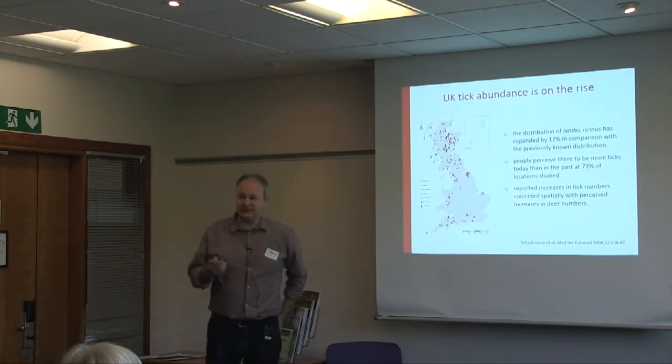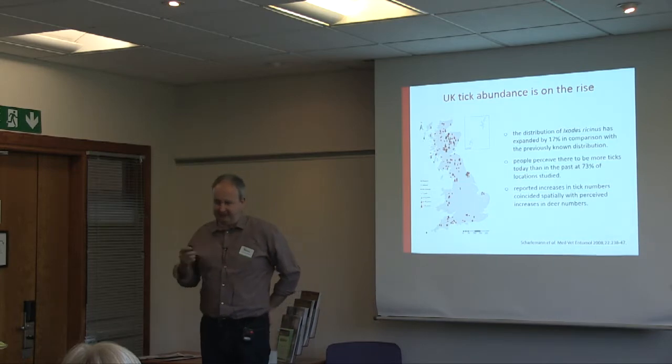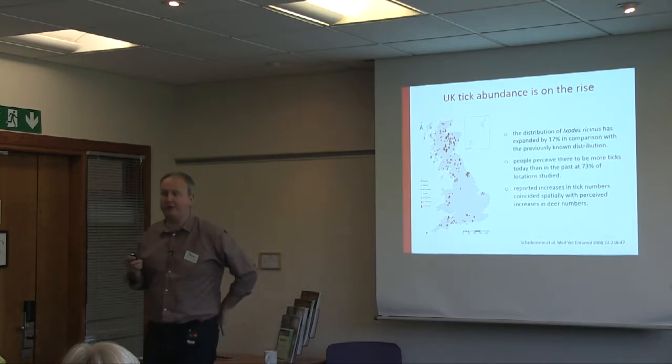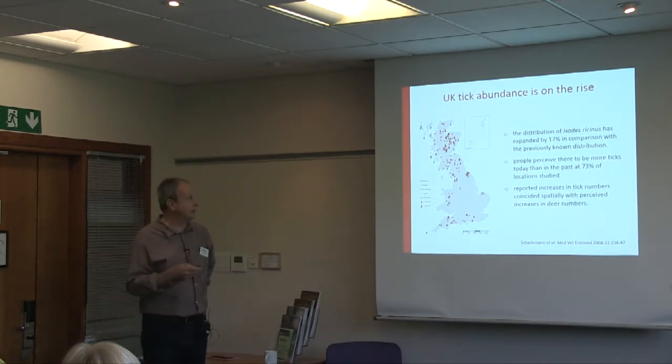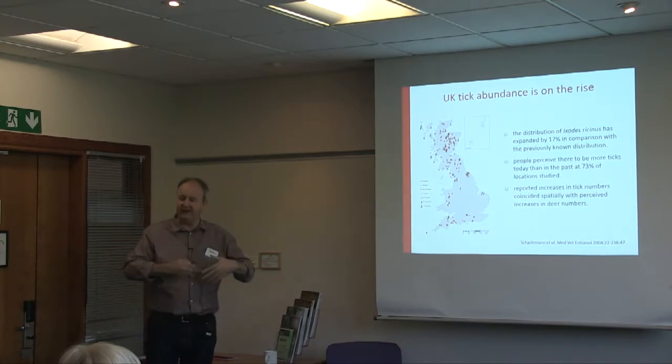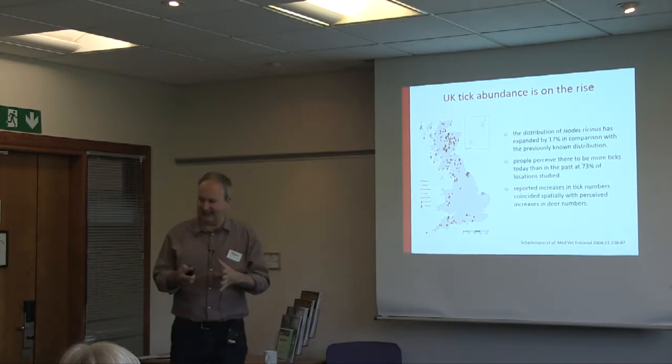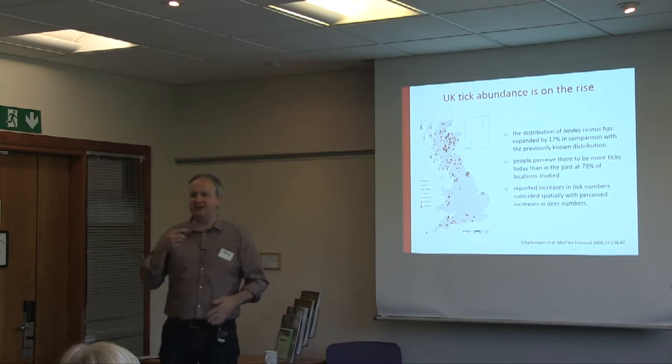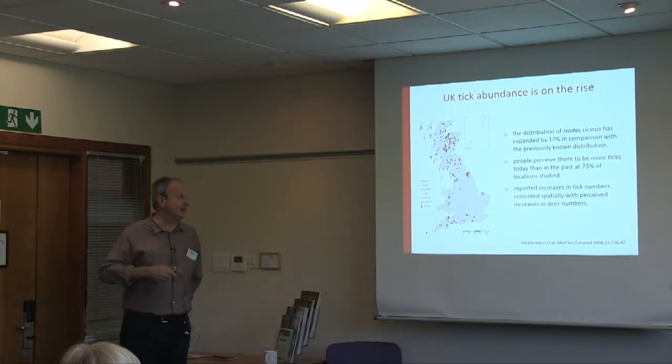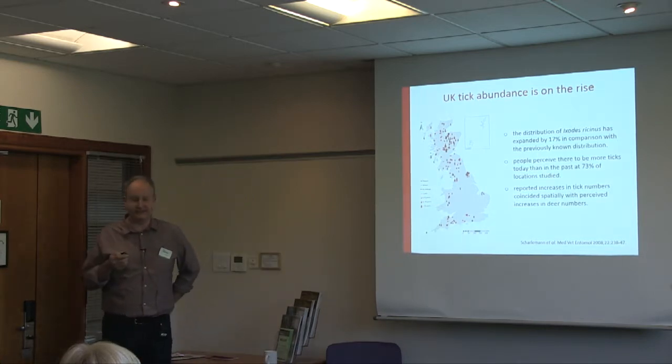Okay, so the evidence suggests we don't have a whole load of empirical evidence for this, but we do have some evidence. So I'm thinking really about the environmental hazard here. We do have some evidence that the numbers of ticks in the UK is on the rise.